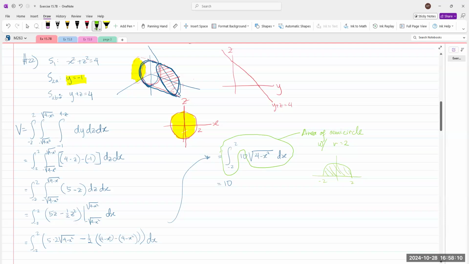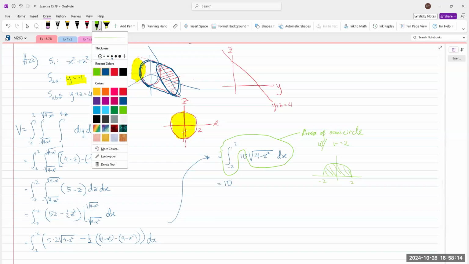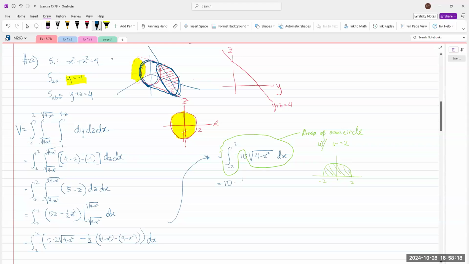Okay, so we can say that, let me change back. So this equals 10 times 1/2 pi r squared. That gives us 20 pi. Okay, that's the volume.